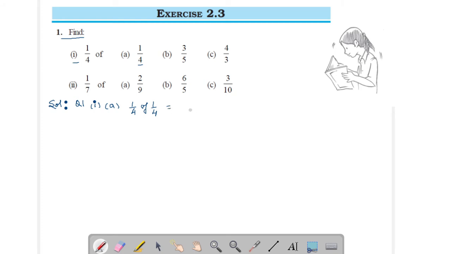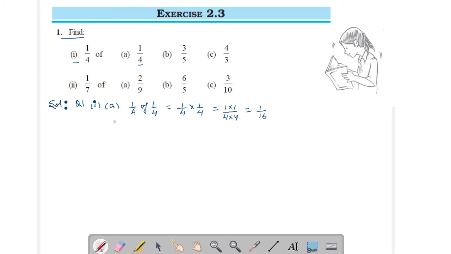Of means into. This can be written as 1 upon 4 into 1 upon 4. Multiply numerator by numerator, that is 1 into 1, and denominator by denominator, that is 4 into 4. This can be written as 1 into 1, that is 1 upon 4 fours are 16. This is your answer.